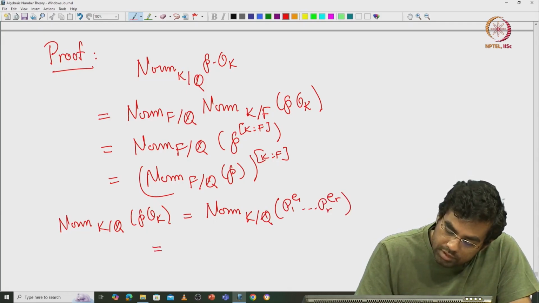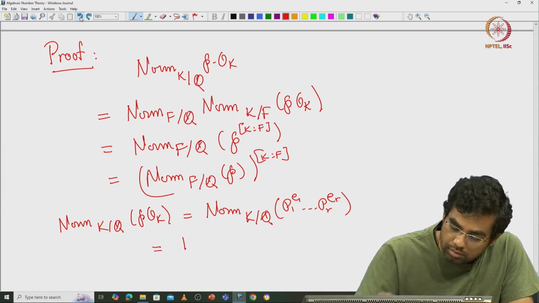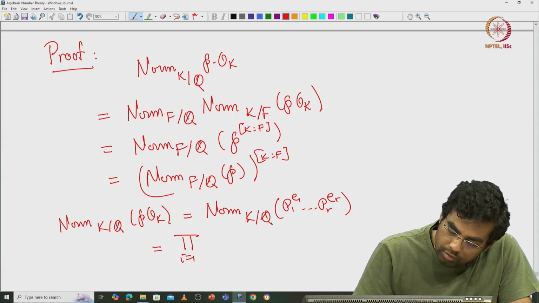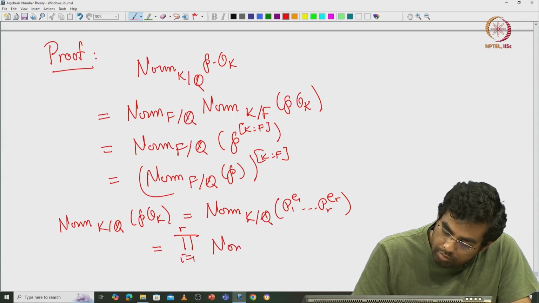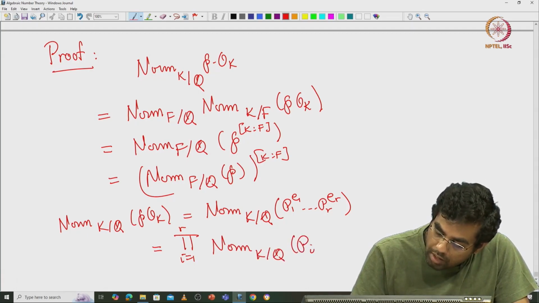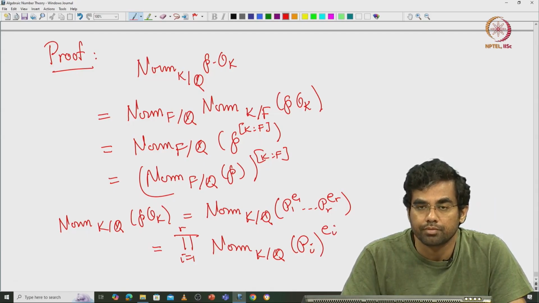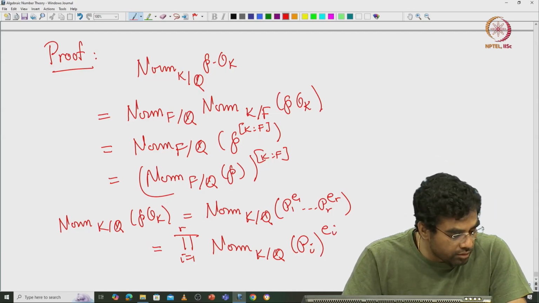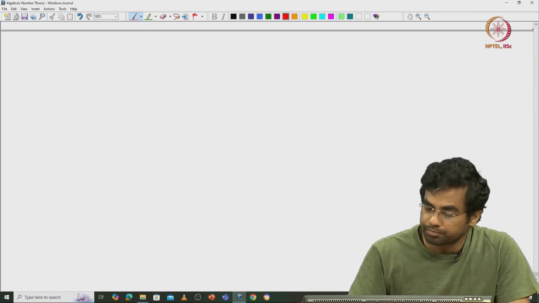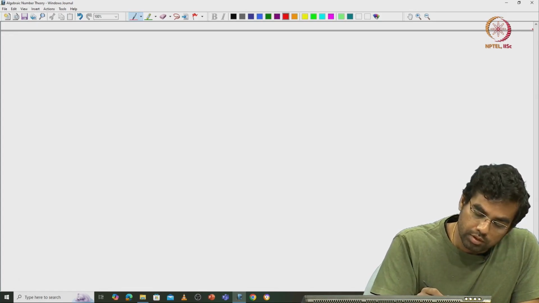This of course is equal to the product, i going from 1 to r, of the norm from K to Q of P_i, to the power e_i. And consequently, we have to compute the norm.